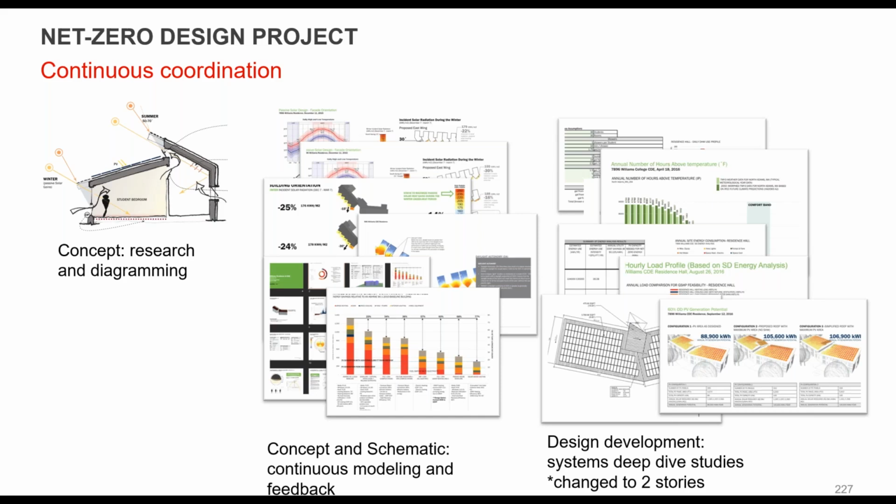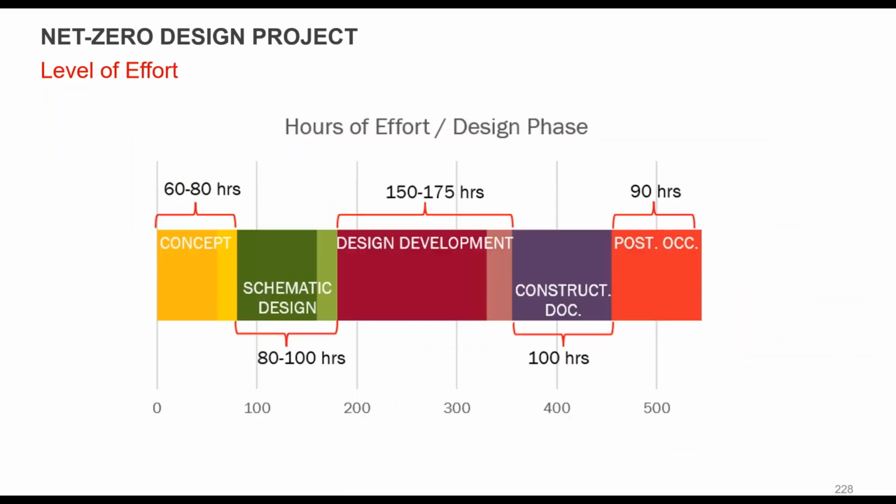By design development, you're doing deep system dives. You're beginning to look in detail for particular PV. How many actual panels can you put on the roof? What are the kilowatt hours that you can get from that? And so beginning to look at these systems, whether it's PV or HVAC or other options as well. For this particular project, the level of effort you see wasn't a lot.